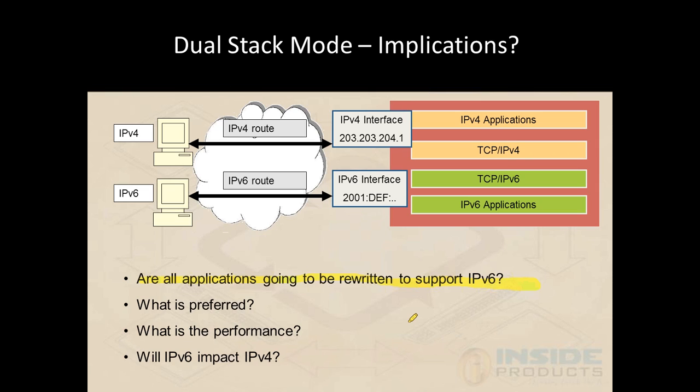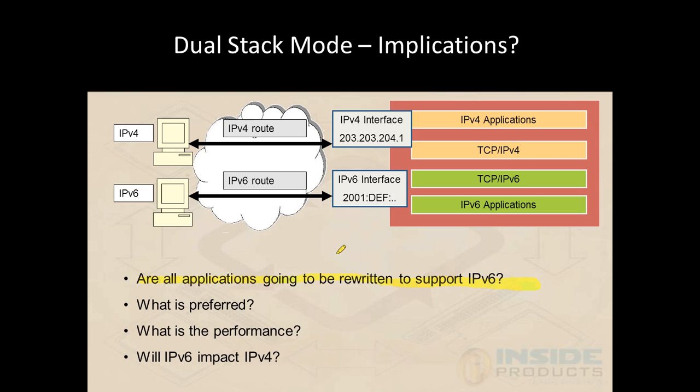The most straightforward, and I suppose best practice, is what we'd like to get to until we're at native IPv6. What we'd like to have is dual stack, and dual stack can be done either for a router or for a host. What that means is that the interface has both a v4 address and a v6 address.